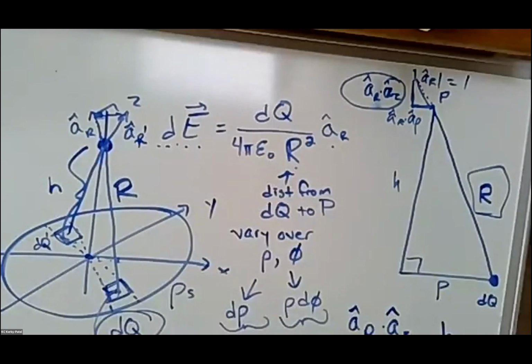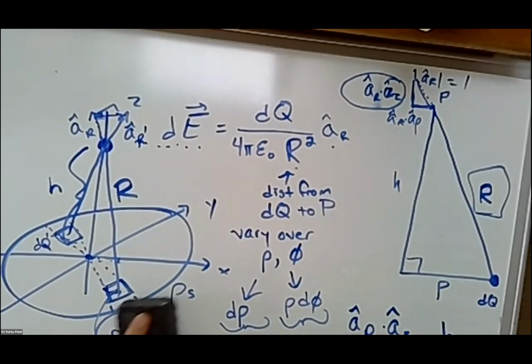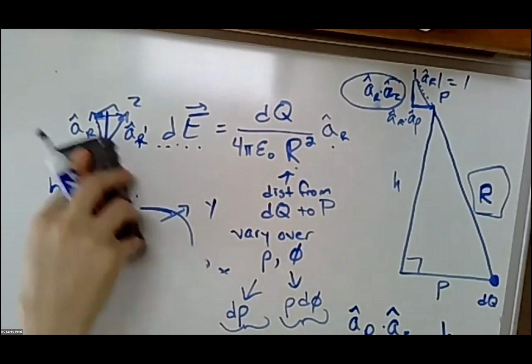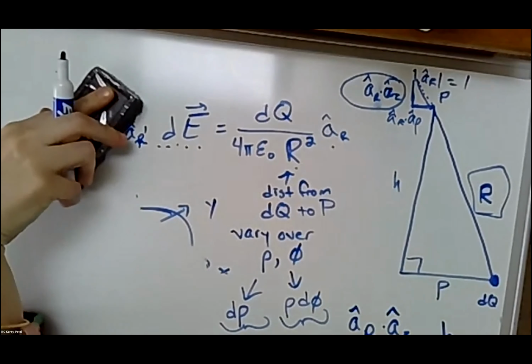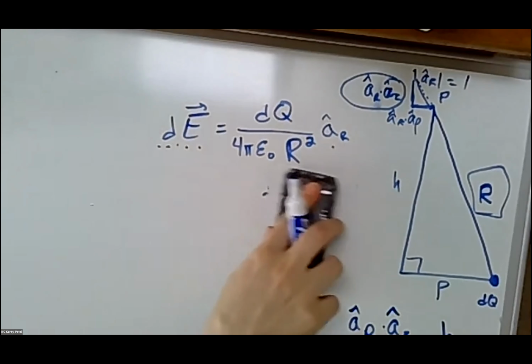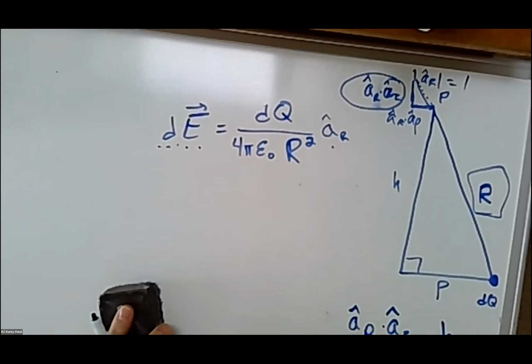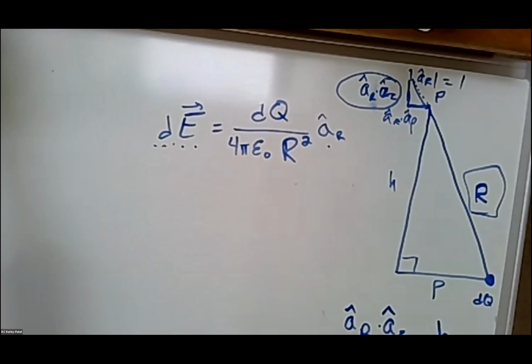So now I need to erase a lot of stuff because I'm going to write down the integral. Keeping dE for a moment here. And I'm keeping this stuff over here about the triangle because I need that for a second.